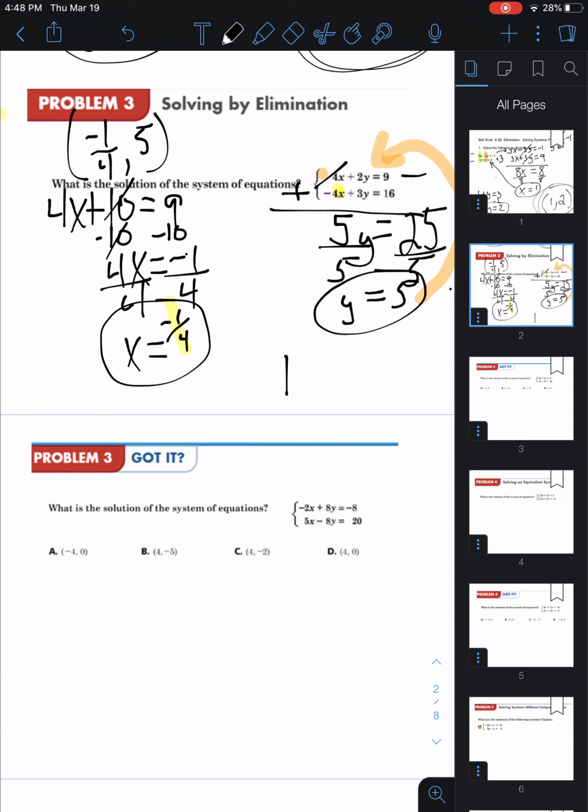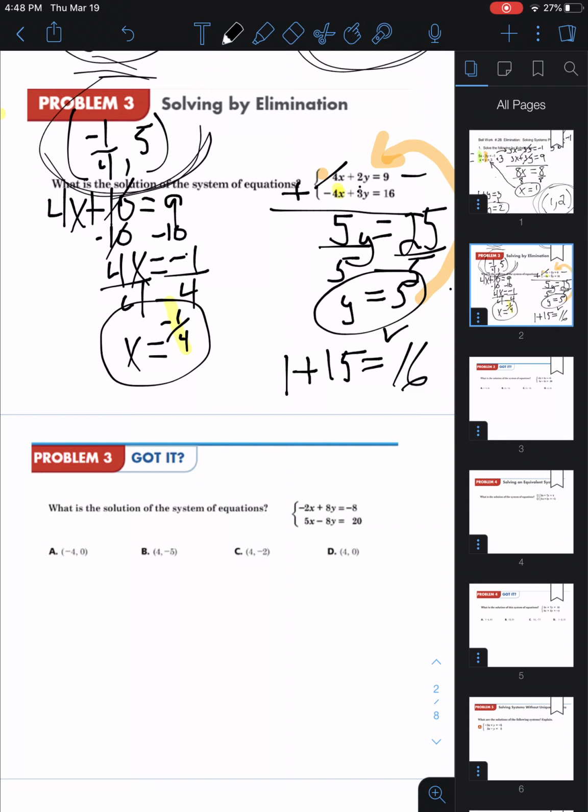So that would give me 1 plus 3, and if I put the 5 in there, 3 times 5 is 15, and 1 plus 15, does that equal 16? And yes, it does. So that checks, and that makes this a good answer.